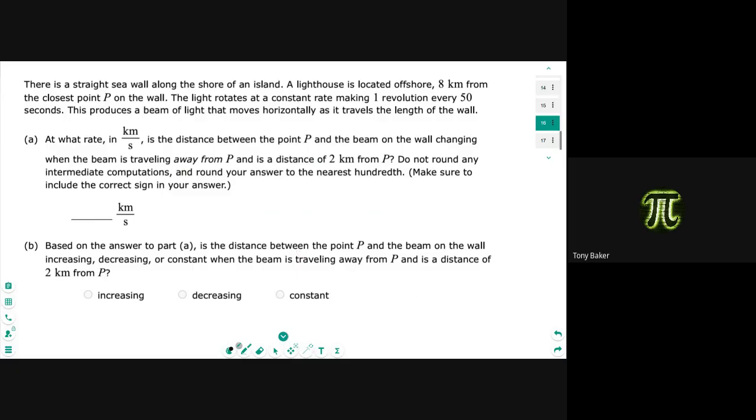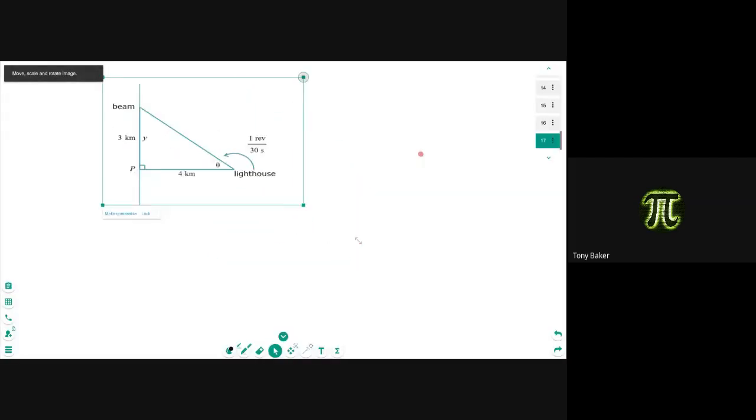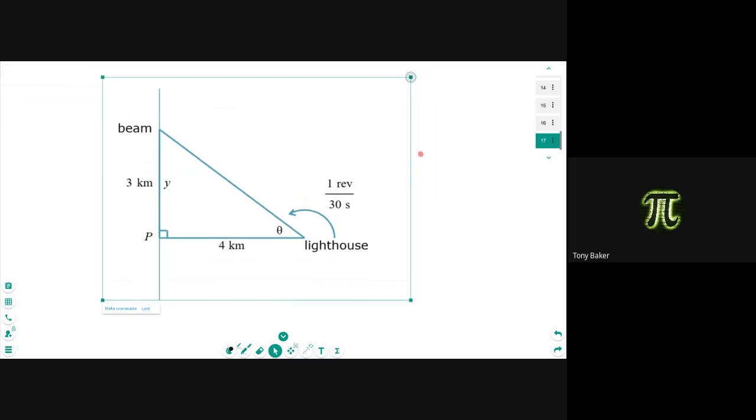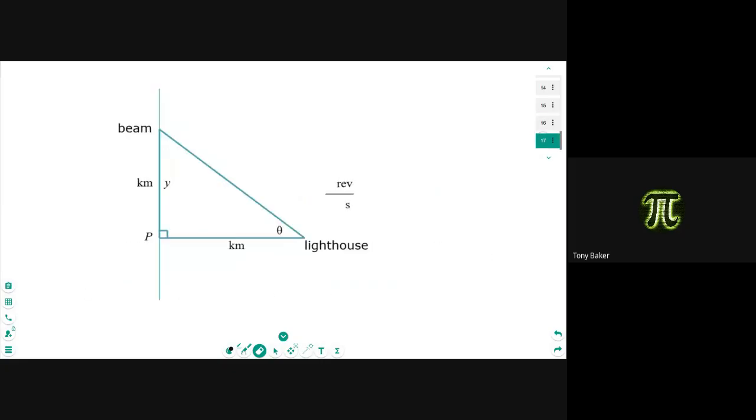All right, so we've got to come up with a couple pieces of information for this problem. First thing, draw our picture. You can ignore my picture for a second, I have to change numbers. Now our problem says 8 kilometers, and it was 1 revolution every 50 seconds.